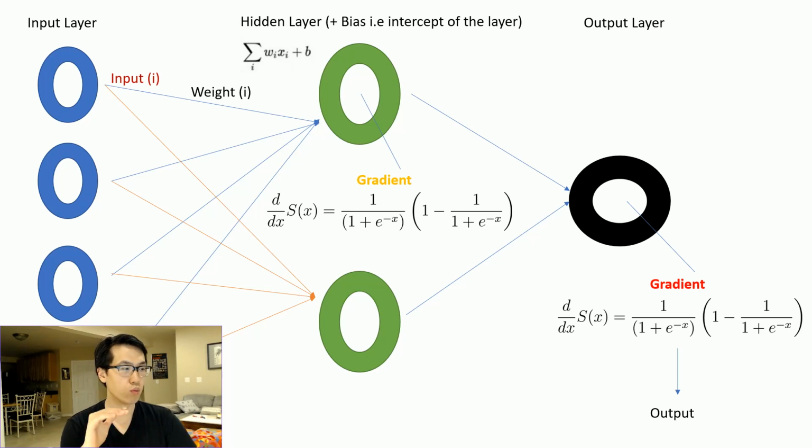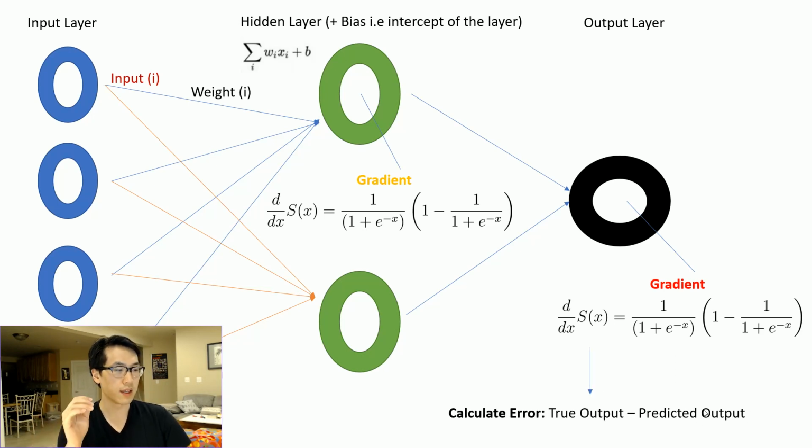I just conveniently put the derivative on there. Once we have that, we can utilize our predicted output from our feed forward network, the output value. We calculate the error: we get our predicted output and our true output, subtract the two, and that is our error, which we want to minimize via the optimization function of gradient descent.